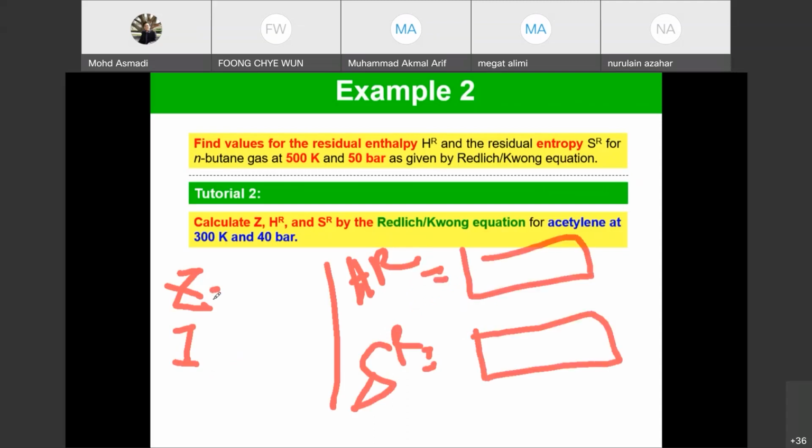Today we just focus on the cubic equation. Okay, give me the answer.